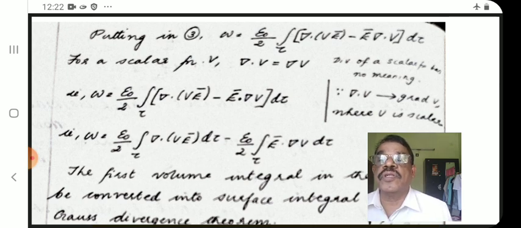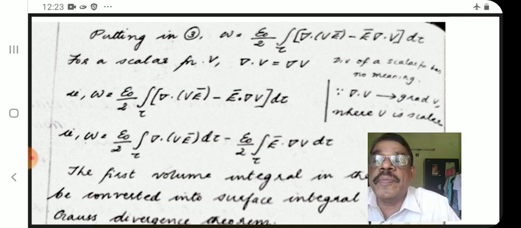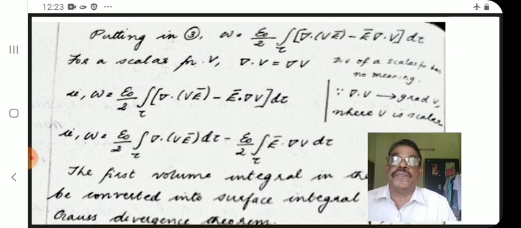That is why we put a dot in between E and del V. Del V is a vector, E is a vector, so that is a dot product. So we write again W is equal to epsilon 0 by 2 volume integral, we remove the bracket, del dot VE d tau minus epsilon 0 by 2 volume integral E dot del V d tau.